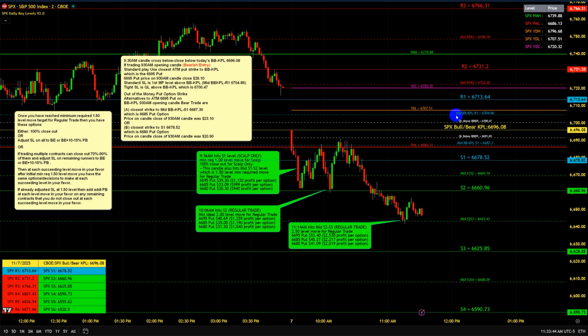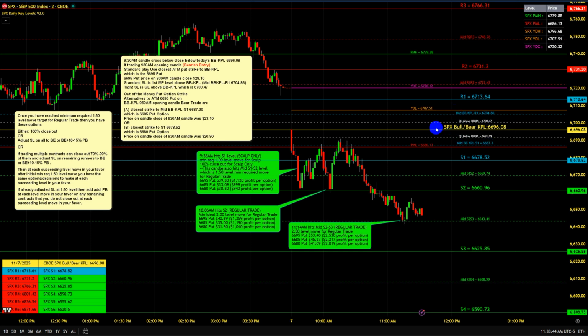As I stated before, the midpoint level's primary purpose at the initiation of a trade is to serve as a standard stop loss level for trades taken from the applicable level. So for example, on a bullish trade taken from the bull-bear key price level, the midpoint level below it would serve as the standard stop loss for that bullish trade taken from this level.